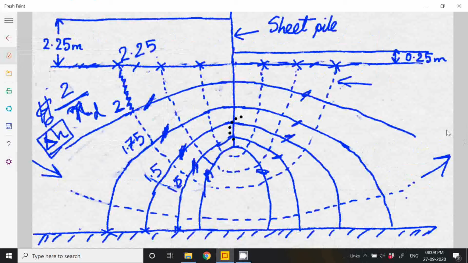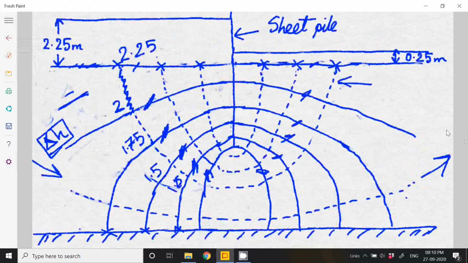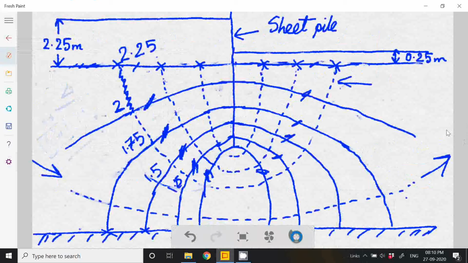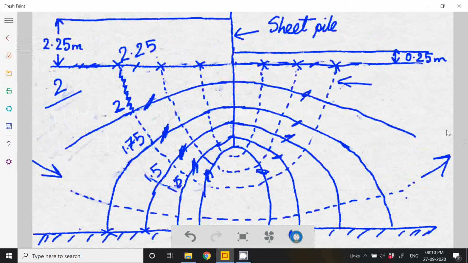I repeat, suppose the total head is 2 and the number of drops is 1, 2, 3, 4, like this. If the number of drops is nd, then whatever value you get will be the head difference in each drop.